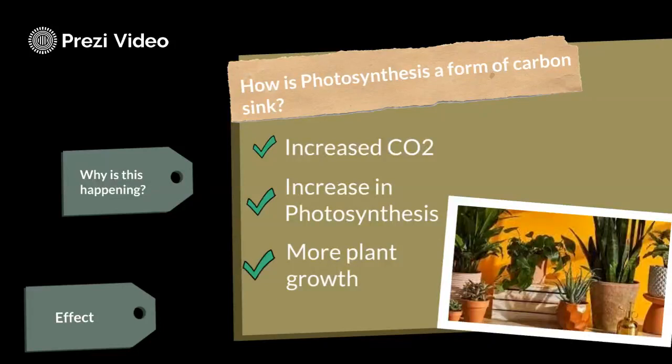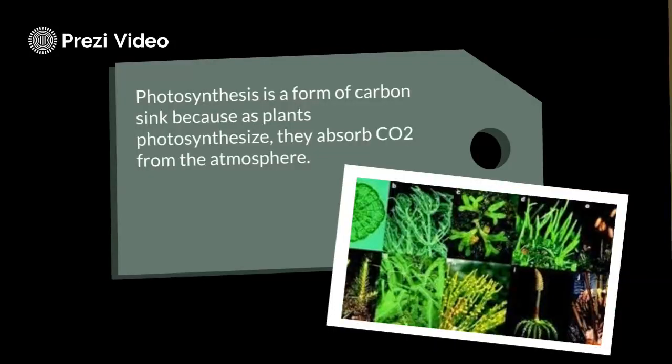Well, we will tell you that. To answer your genius question, photosynthesis is a form of carbon sink because, as plants photosynthesize, they absorb CO2 from the atmosphere. Now, please note that a sink absorbs more carbon than it gives off. Never judge a book by its cover.